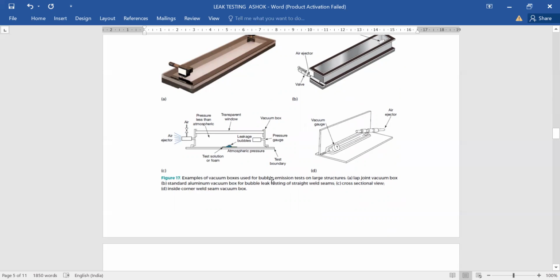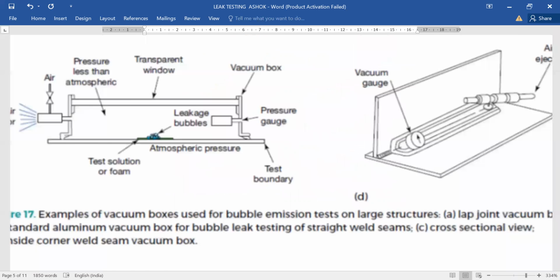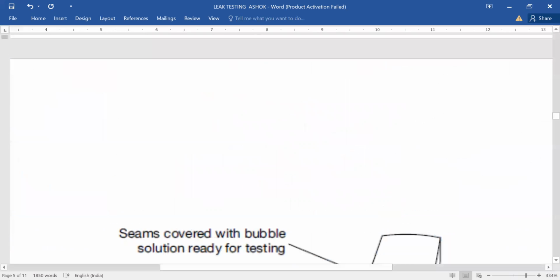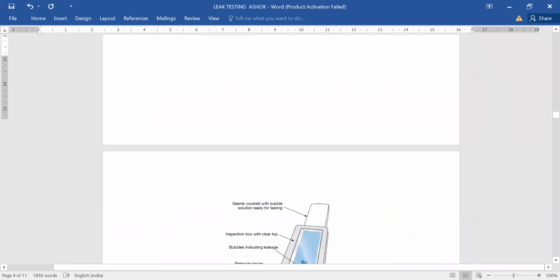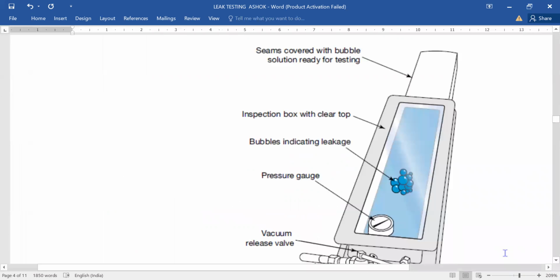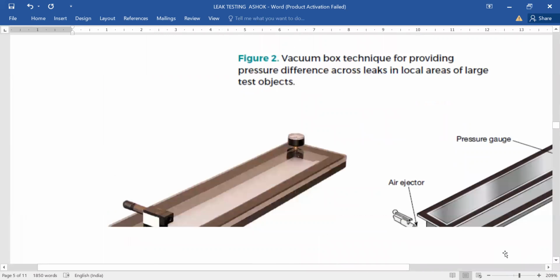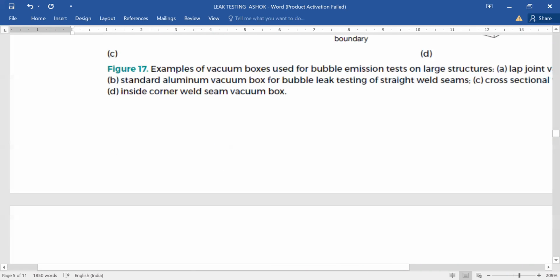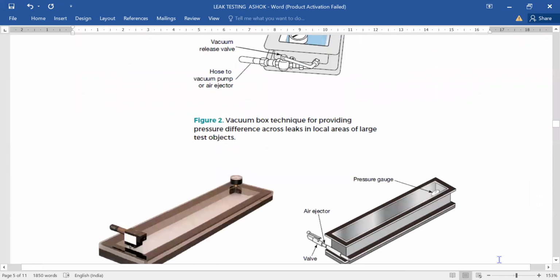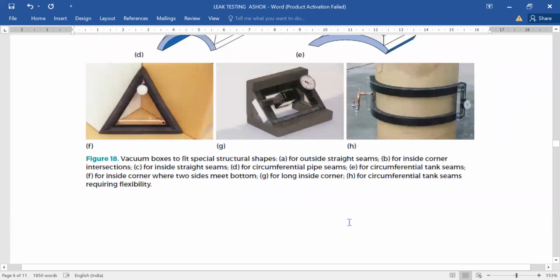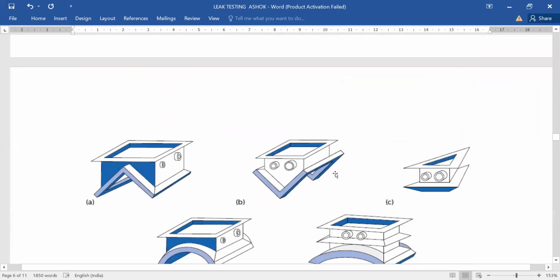Example of vacuum boxes used for bubble emission. The vacuum boxes can be made to fit special structural shapes.